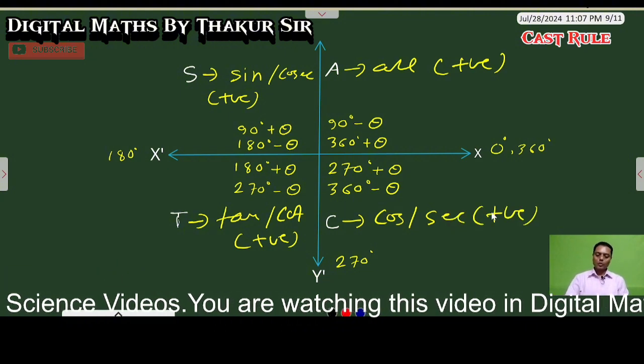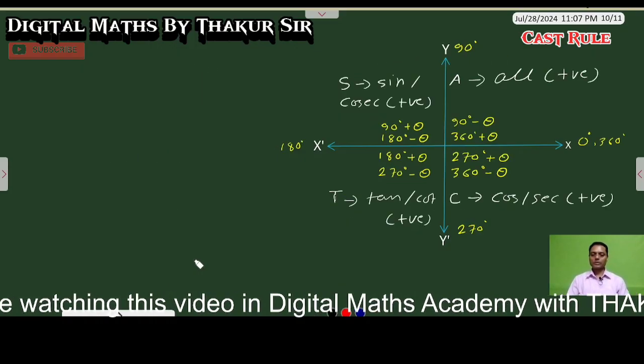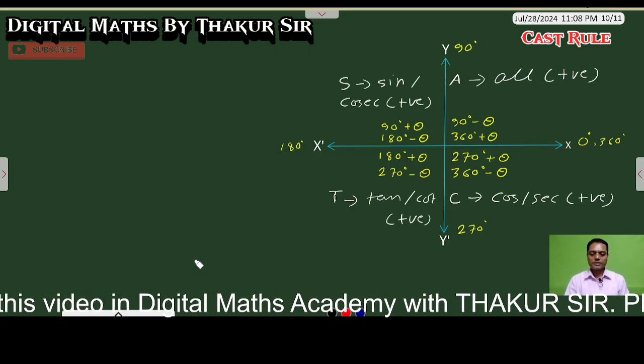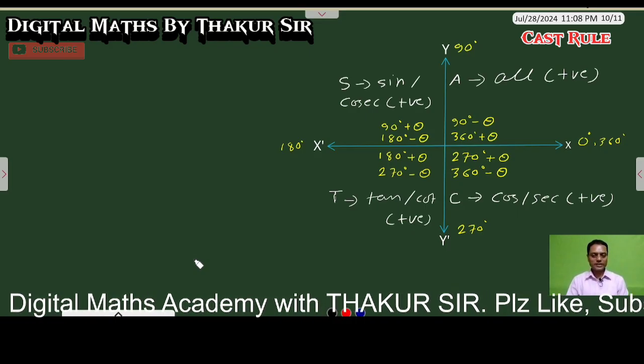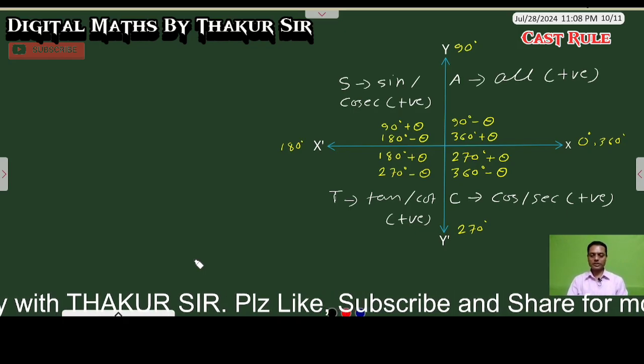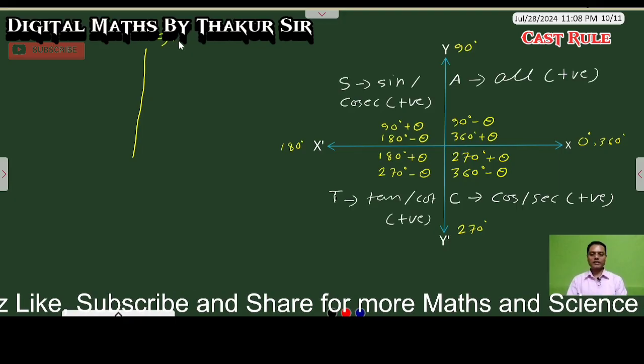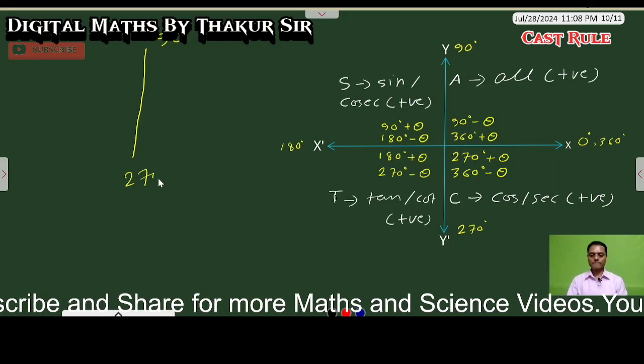Now we are going to discuss under which cases the trigonometric ratios change and under what conditions the trigonometric ratios do not change. Let's say we have a vertical line, that's 90 degree and 270 degree.